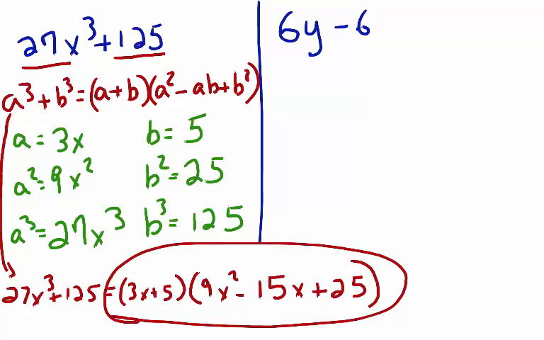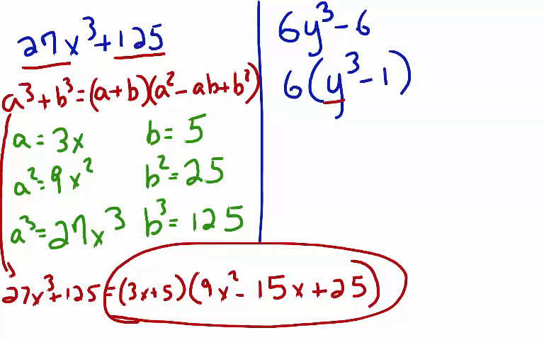Now let's take a look at one using the difference of cubes. Here we have 6y cubed minus 6. At first glance, we don't see perfect cubes, because 6 is not a perfect cube. But if we factor 6 from this expression, we get 6 times y cubed minus 1.